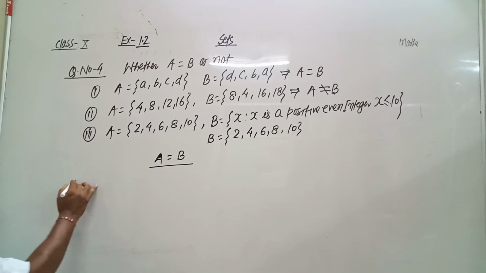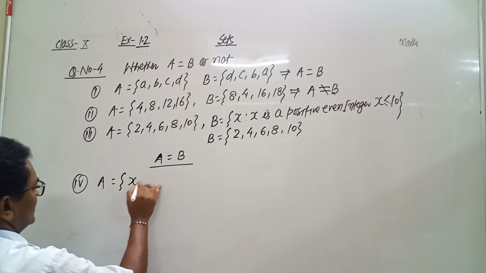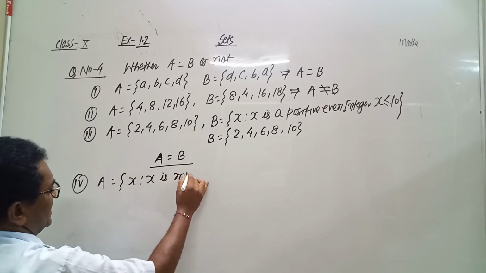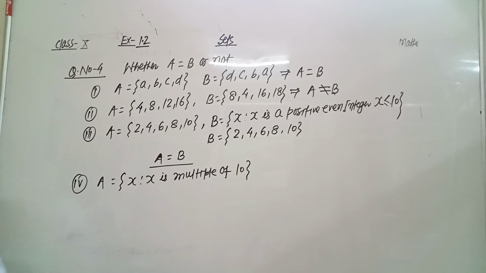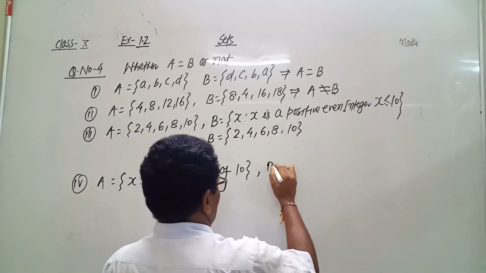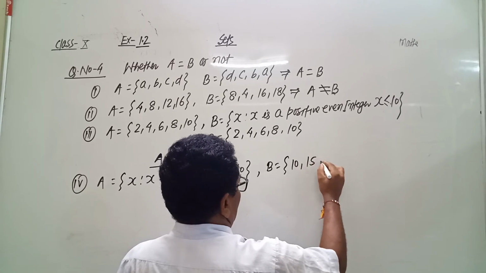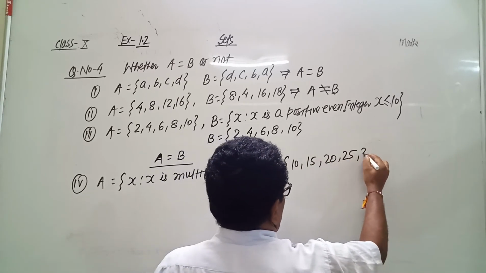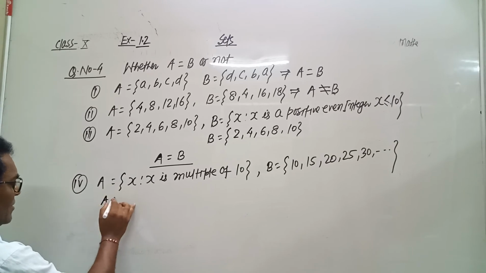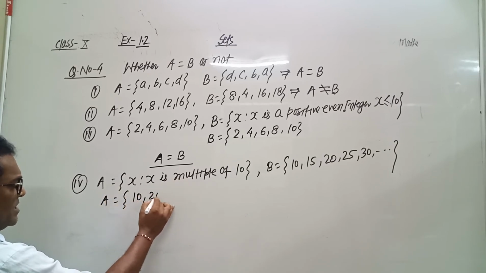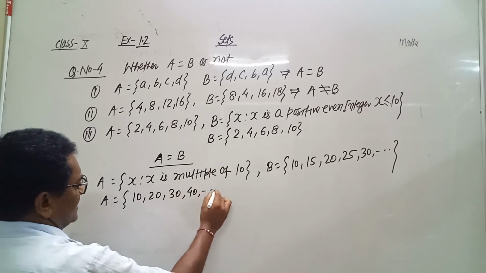Part 4. Set A equals {x such that x is a multiple of 10}, and there is another set B equals {10, 15, 20, 25, 30, ...}. So x is a multiple of 10, so we write in roster form: 10, 20, 30, 40, and so on.